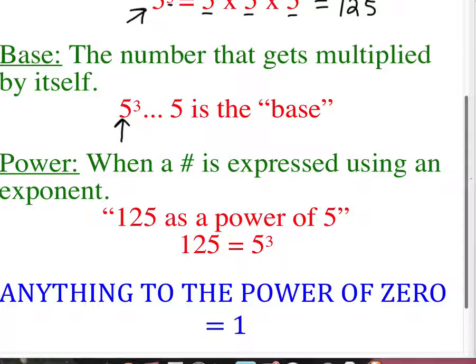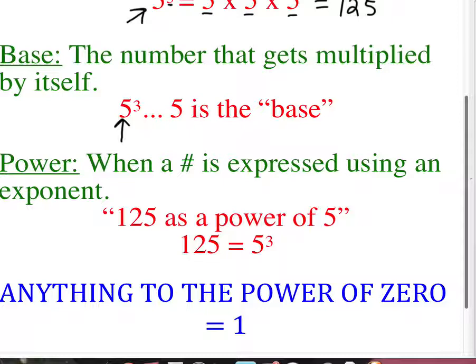So again, for recap, when you write a number using an exponent, that's called expressing it as a power. So that's the next definition you see. When a number is expressed using an exponent, we call that it is written as a power.